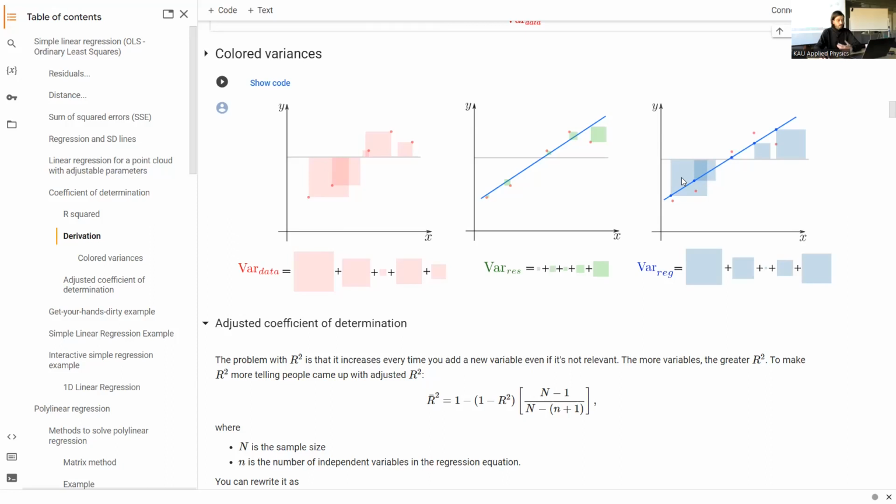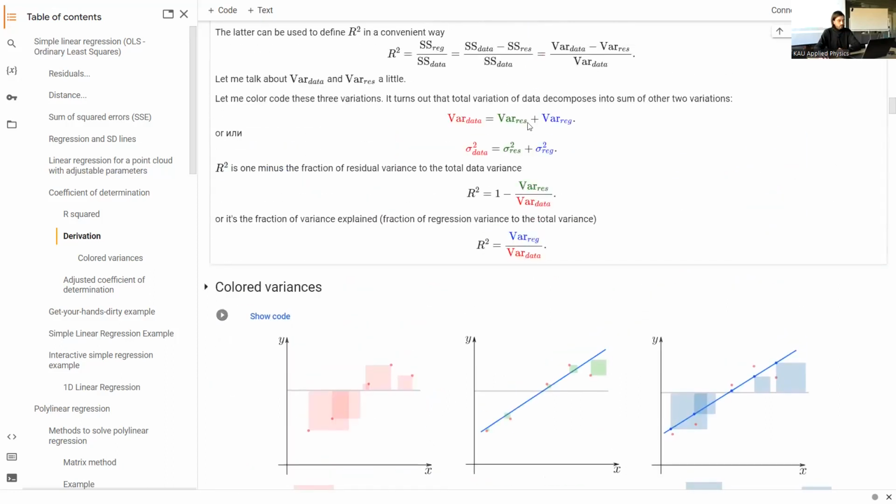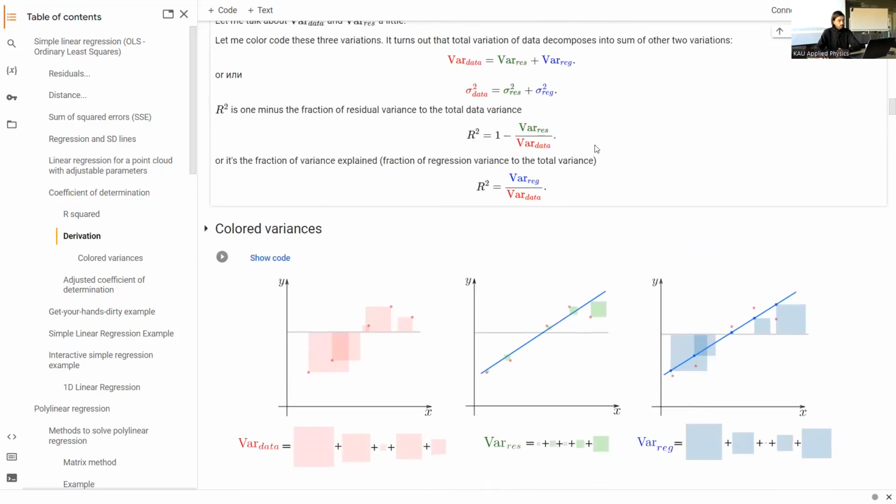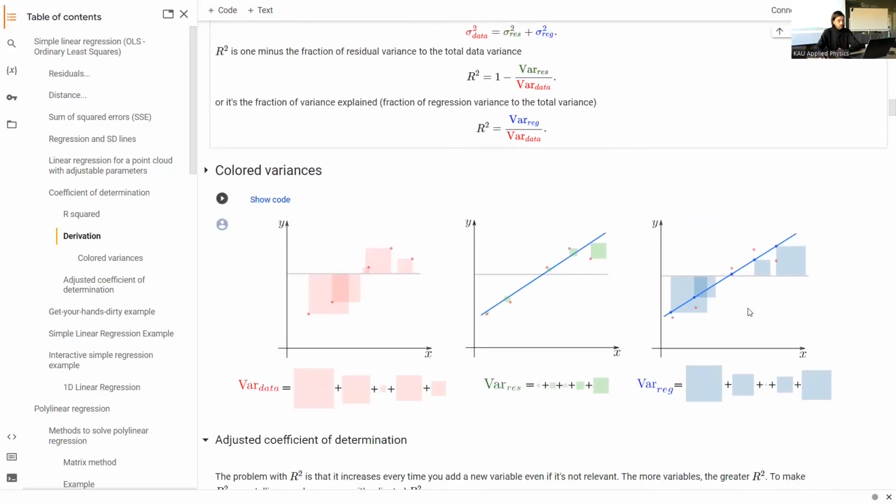The area of these squares represents the variations that we add up, and we get this thing. And you can prove that this formula, the variation of residues plus regression, is equal to the variation in data.